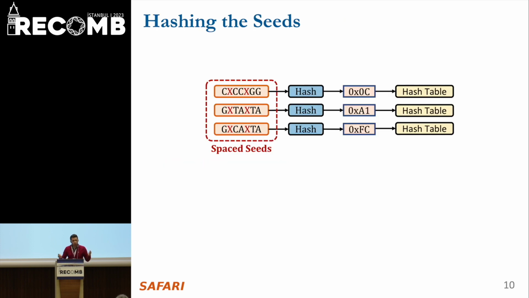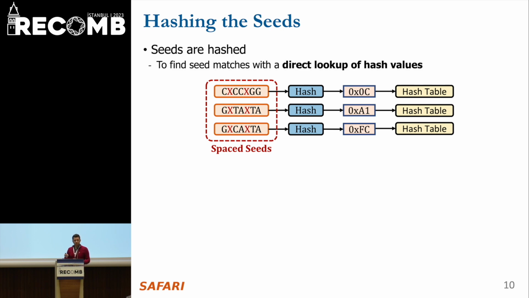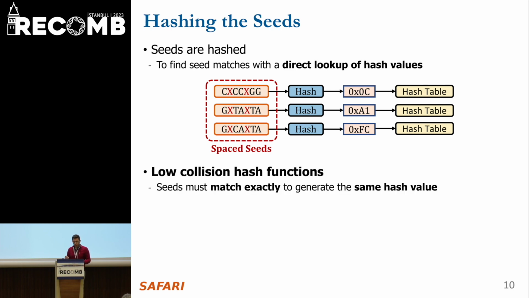But as you have probably seen already, essentially we're hashing the seeds to find seed matches with a direct lookup of these hash values. And we usually use low collision hash functions. So this means that the seeds must exactly match, not the original sequences that we use to generate these seeds, but the seeds themselves need to exactly match to generate the same hash value.